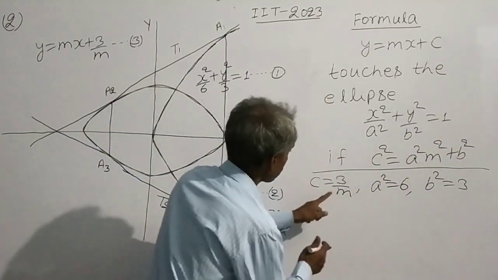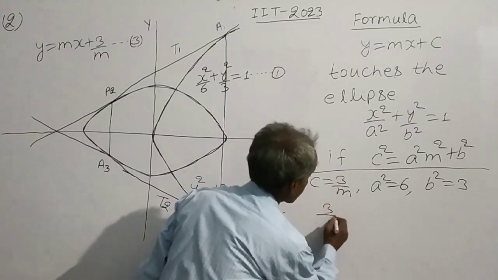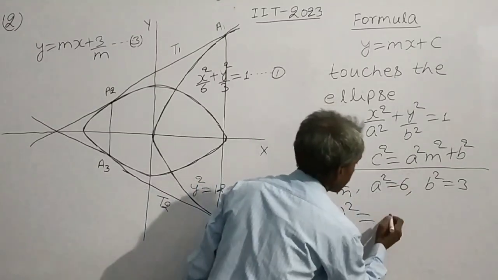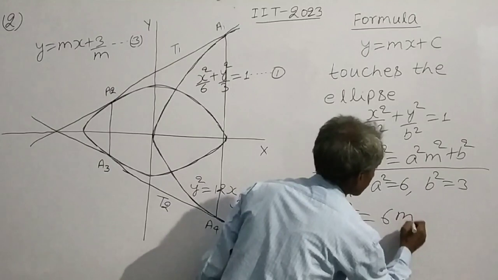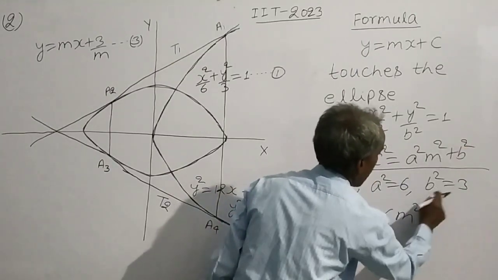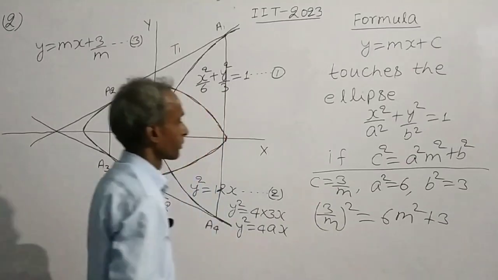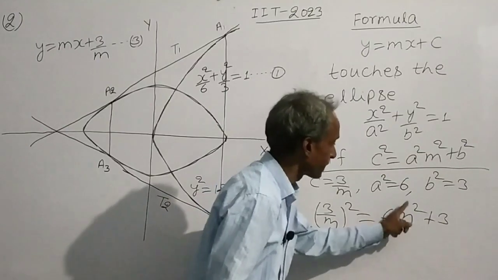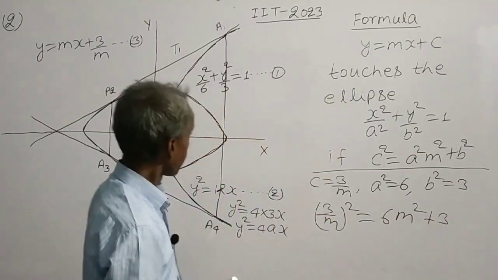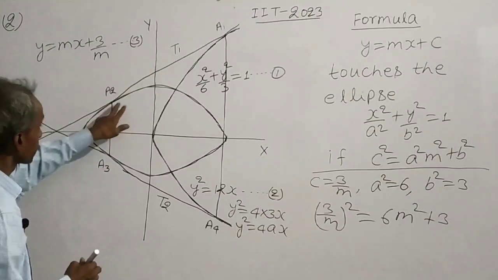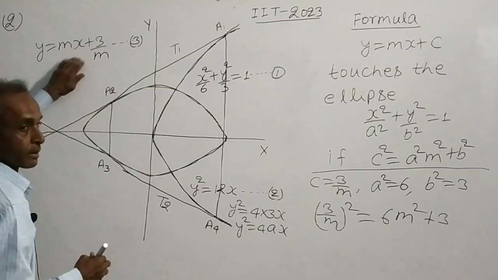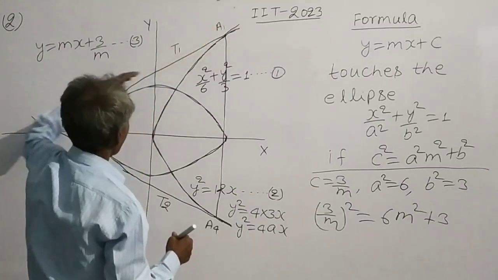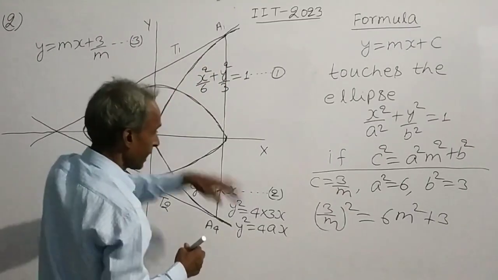That means c square, which is (3 by m) square, is equal to a square m square, which is 6m square, plus b square, which is 3. If (3 by m) square is equal to 6m square plus 3, then this line will also touch the ellipse. That means this line will become a common tangent of this parabola and this ellipse.